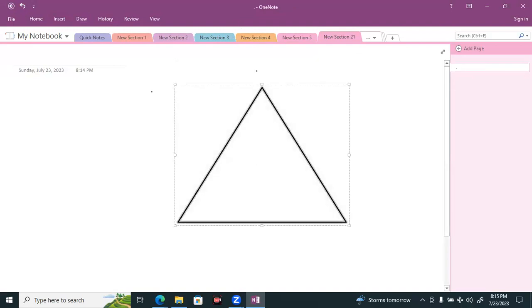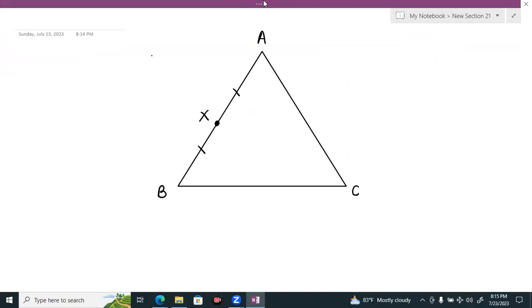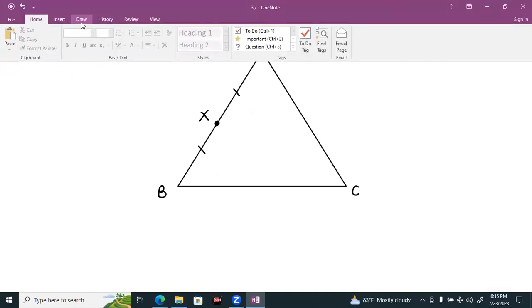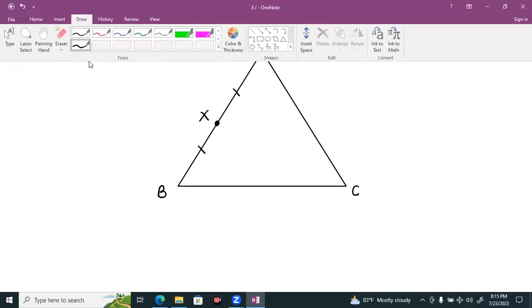Okay, look, it is given that this is triangle ABC and here it is given that X is the midpoint. And how do we identify it is the midpoint? It is given that the two sides either side of the point are equal.